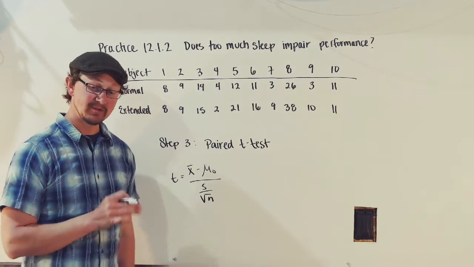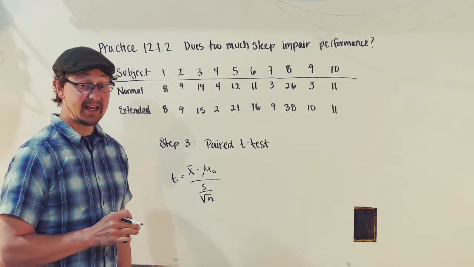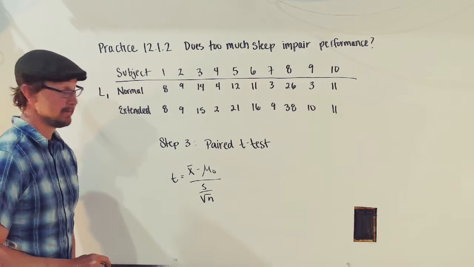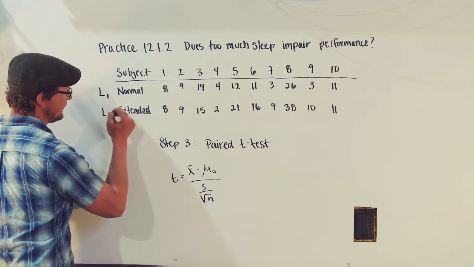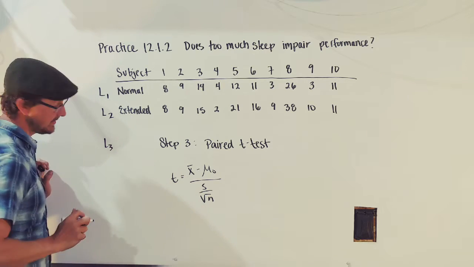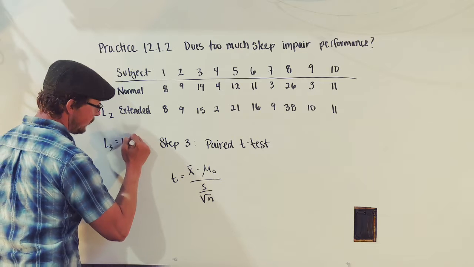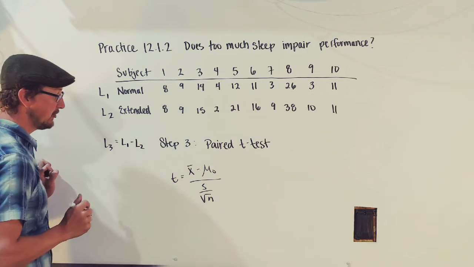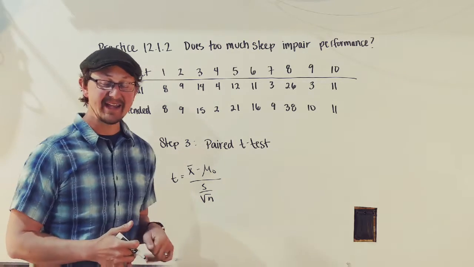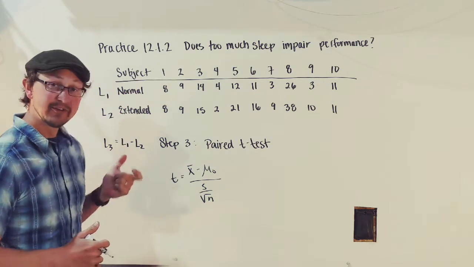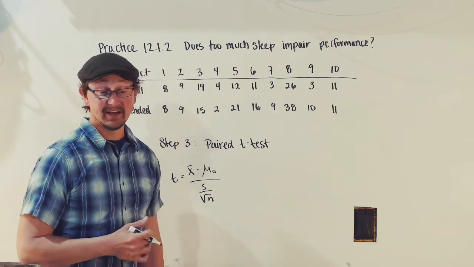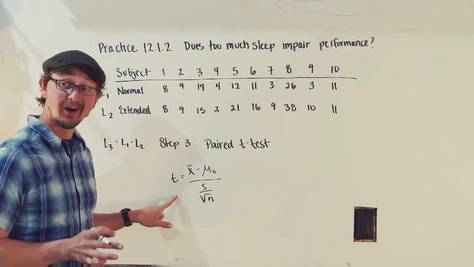Now, the way I did this was I completely used my TI-84 calculator, and I put the normal sleep in L1. I put the extended sleep in L2, and then in L3, my third list, I went L1 normal minus L2 extended. And then that self-populated, and that created me a list of differences in sleep times. And so what we're looking at then is we're going to conduct a t-test on L3.